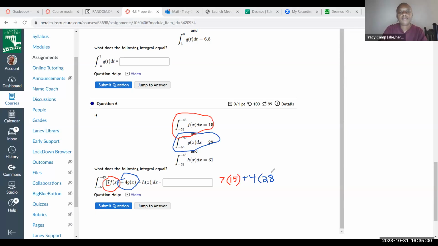And then last of all, it says minus h of x. And my definite integral of h of x dx is 31. So this will be minus 31. And really, that's all. That's all you're doing.